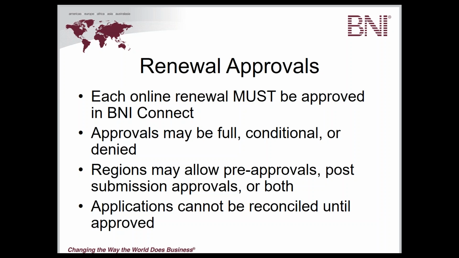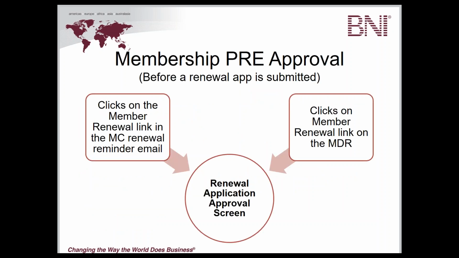I can tell you that most regions that are using the online renewal process allow for both pre-approvals and post-approvals. So let's take a look at how this works. As I said, there are two different types of approvals, a pre-approval and a post-approval.